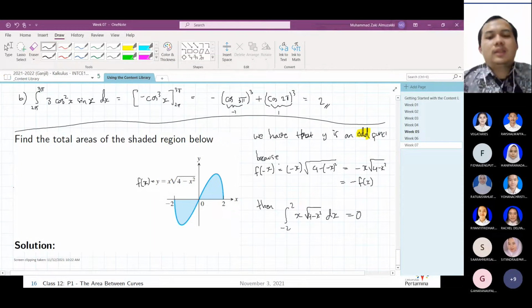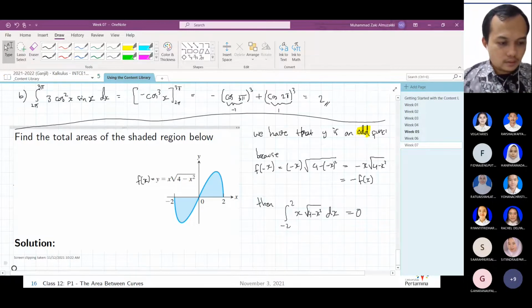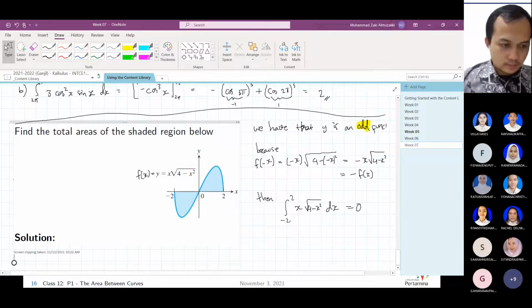Then since we know that the function is an odd function, if the interval is symmetric, then the integral is always 0. Yeah. Is it clear now? Yes, sir. Thank you. Any other question?